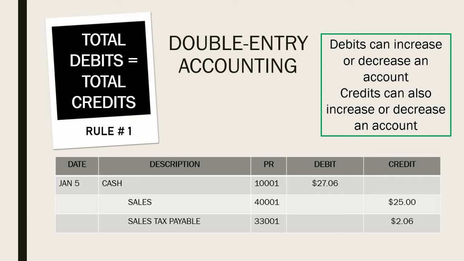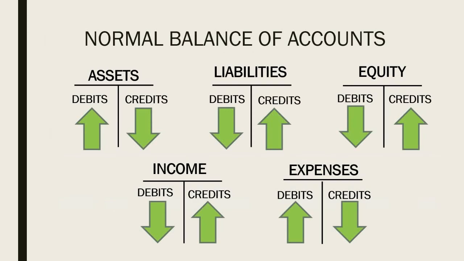Now, how do I know which accounts to debit and which accounts to credit? It's going to be this right here. This is called the accounting model, okay? Also known as the normal balance of accounts, okay? When we take a look at a transaction, they flow in a certain direction.